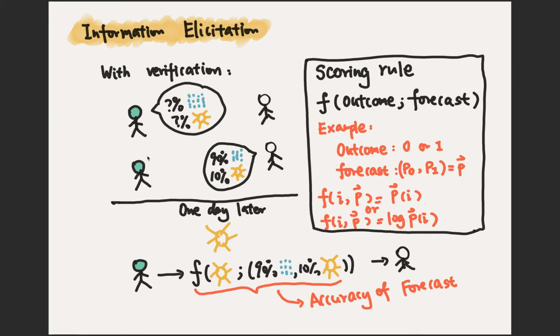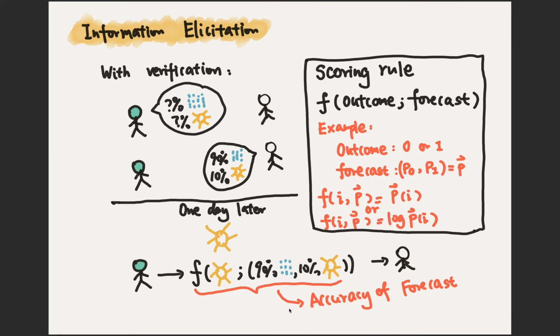In this case, the requester wants to incentivize this person to tell the truth about the forecast. So she will promise that after one day, after the weather is revealed, she will use this outcome and this person's forecast to pay, in some sense, the accuracy of the forecast, and to incentivize this person to tell the truth.